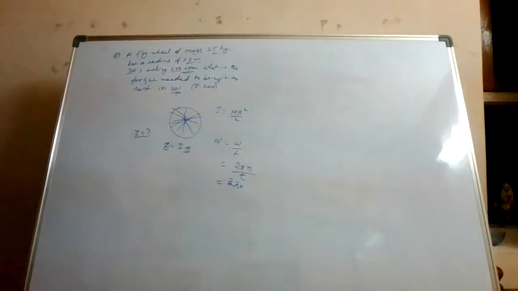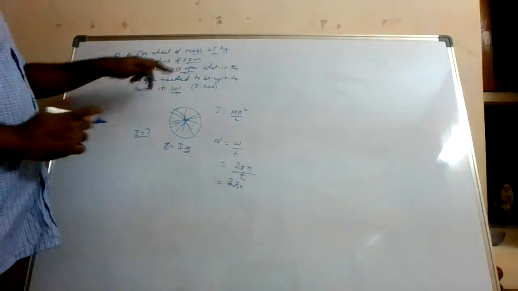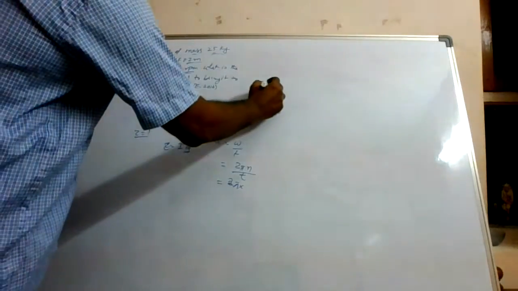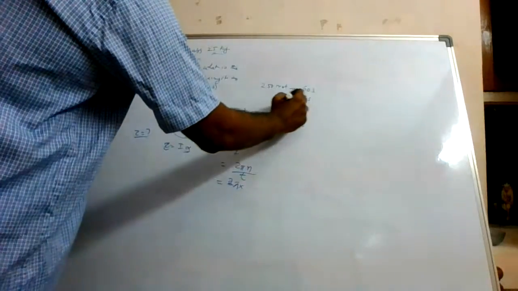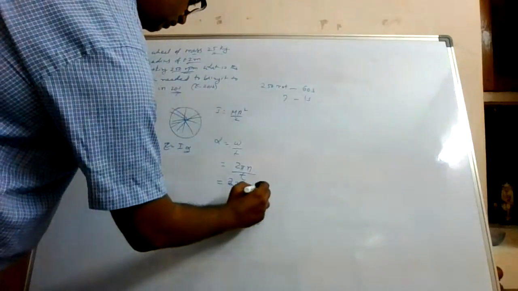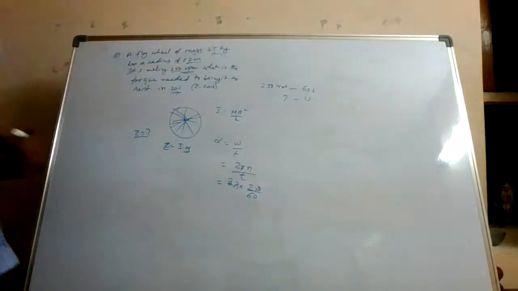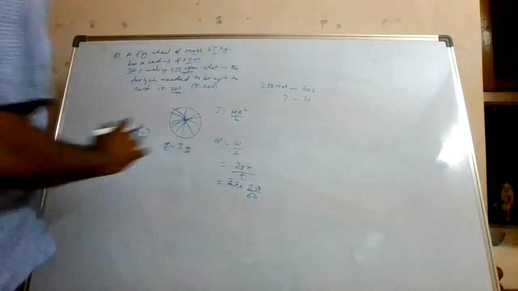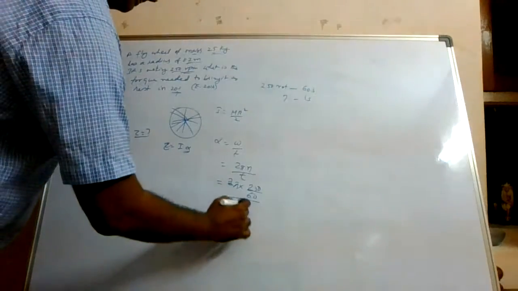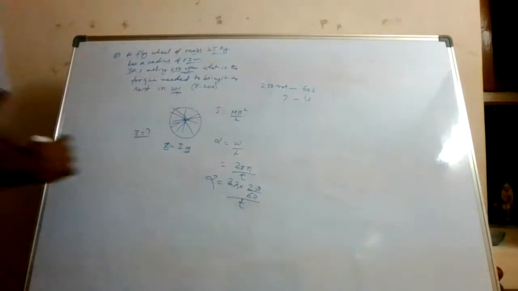So you need to convert this into seconds. So 250 rotations per minute is 250 rotations per 60 seconds. In 1 second, how much? It will be 250 divided by 60. Alright? So 2 pi n you have calculated, divided by t. This is your alpha value.